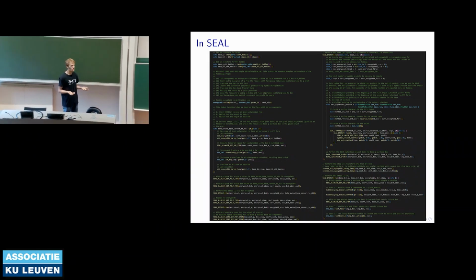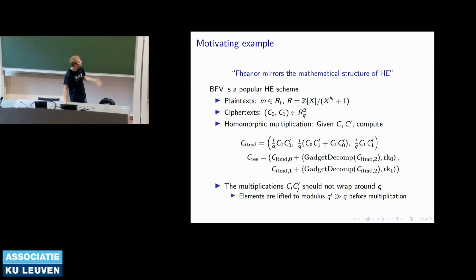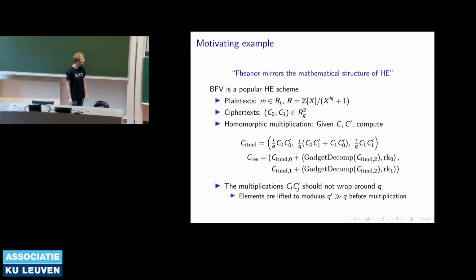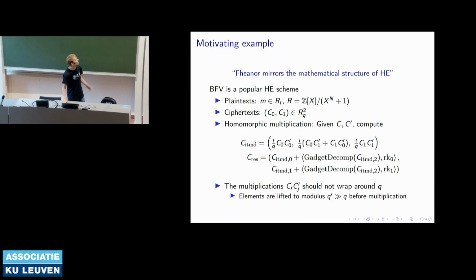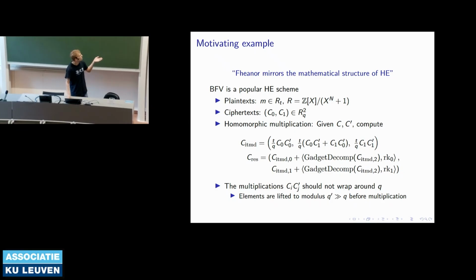To a large extent, this is rooted in what we do, because while these formulas look quite simple, there's actually a lot behind them. To implement them efficiently, there are lots of computational tricks that you can use to make them as fast as possible. Also, the multiplication has all this lifting to q' and then scaling down again hidden in these formulas.